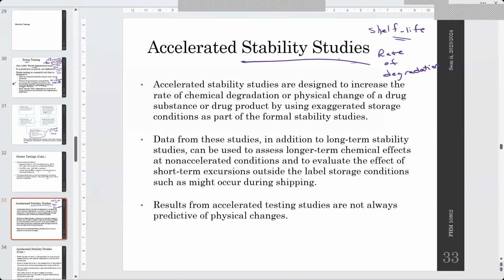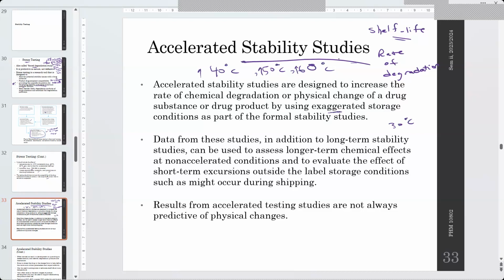Okay, so what we do in accelerated stability study, we have to store under exaggerated storage conditions. So suppose that room temperature is 30 degrees, then in accelerated study, I will study at 40 degrees and maybe also at 50 and 60 degrees. Okay, so here we have faster degradation rate.